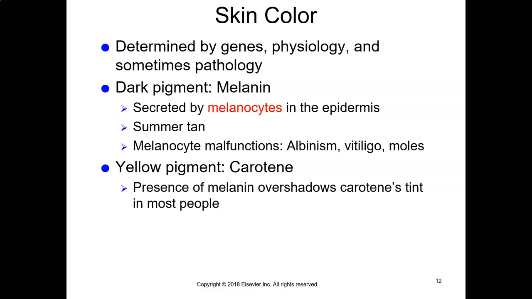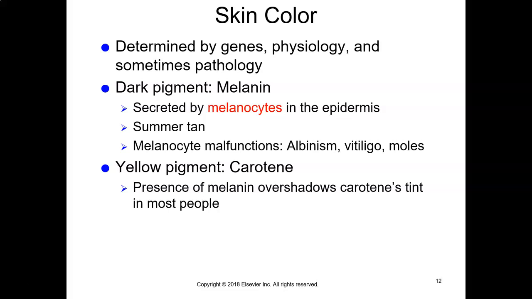You will see that question again, and I believe it is number 1 in your blueprint. So you see how you will mirror my videos, the PowerPoint, and your blueprint. You go in there and you find the word melanocytes, and you find out, what does that term mean? Where do you find them? Well, they're in the epidermis. What do they do? They cause the pigment to be in your skin.